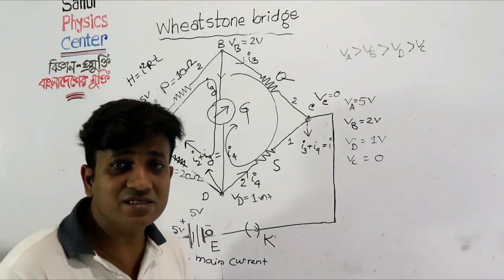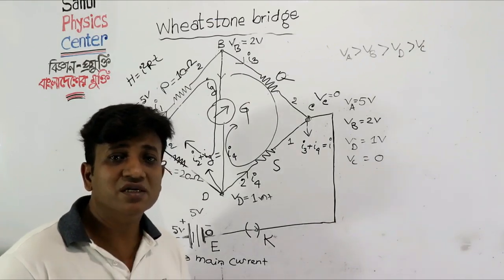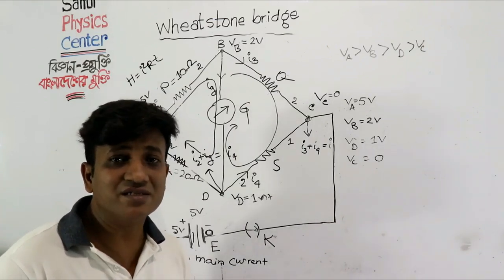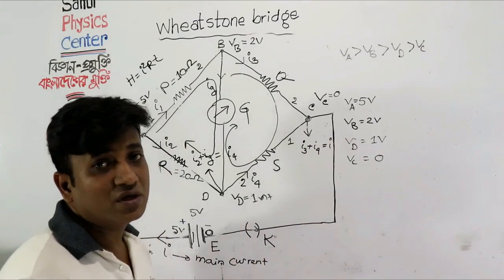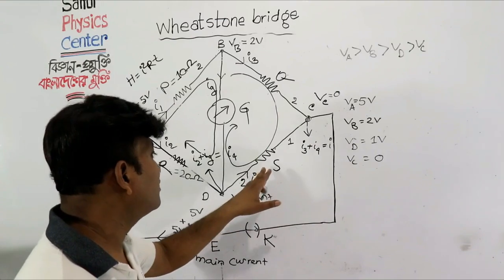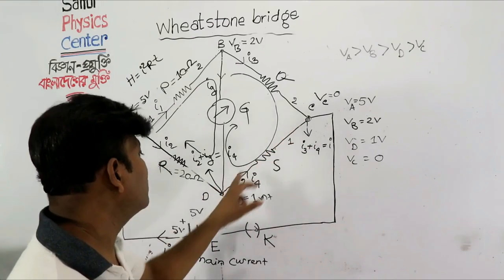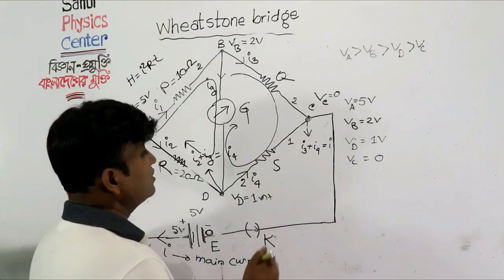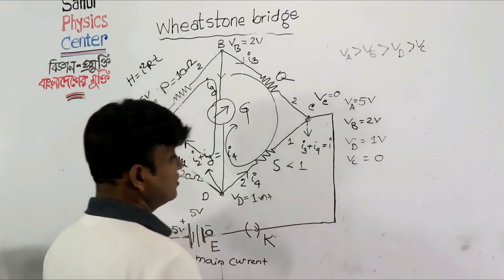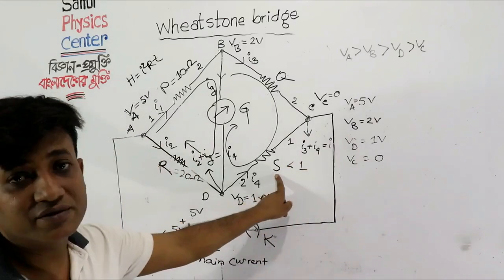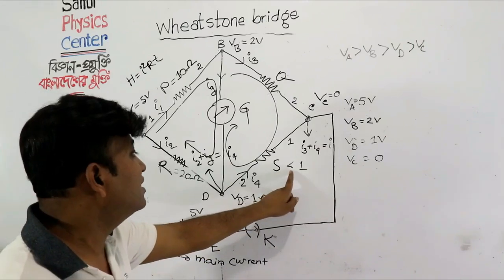The cause is, if we want to determine low resistance, then suppose we have to connect the conductor across DC, then the value of S, the conductor, will be less than 1 ohm.